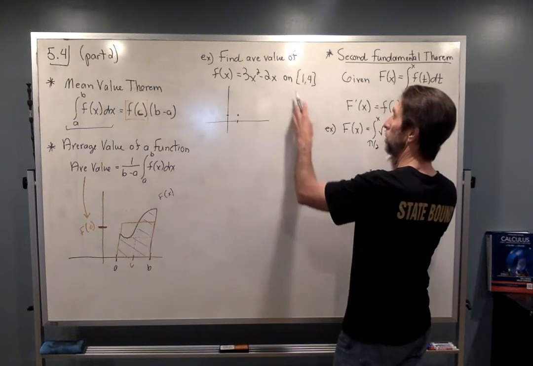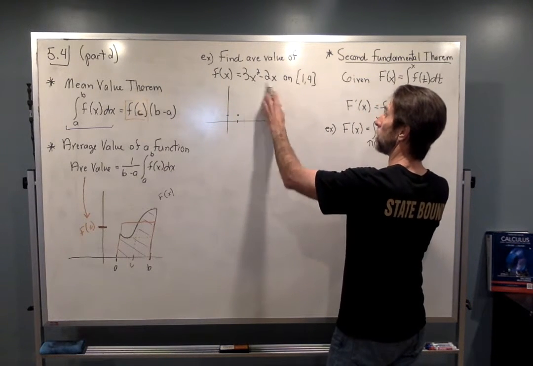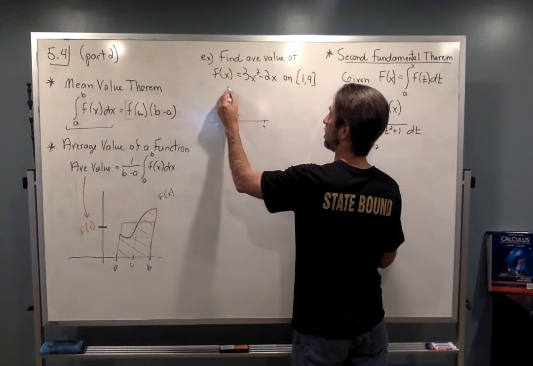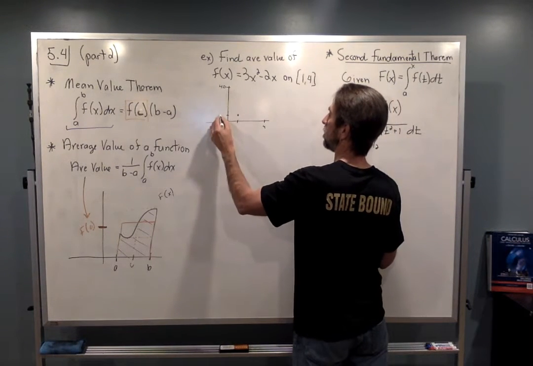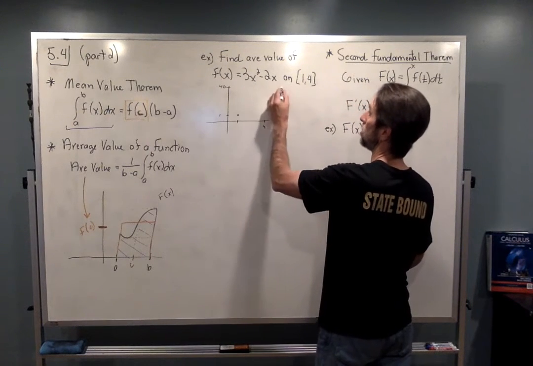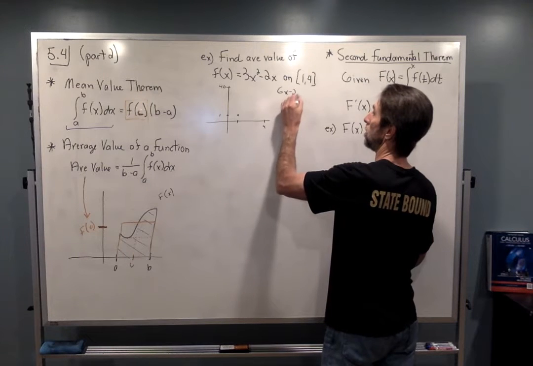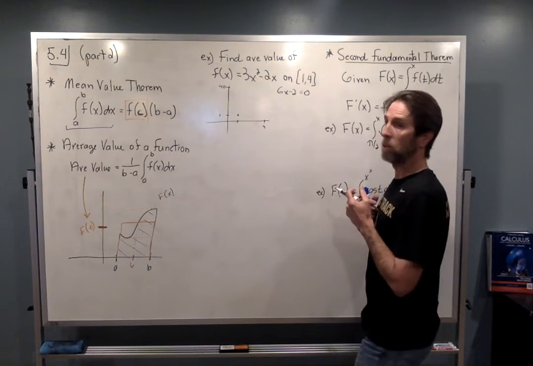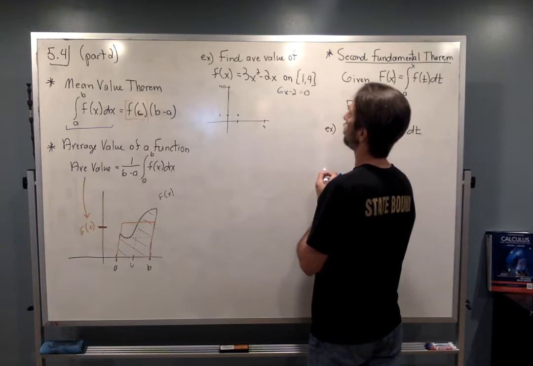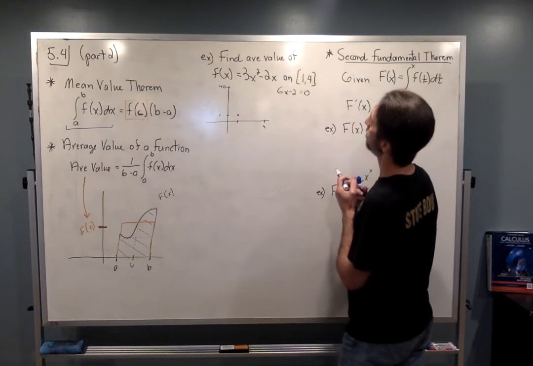At 4, it's going to be much larger. It's up at 40. We could find its vertex simply by finding the derivative, setting that equal to 0. The vertex of this parabola would be at 3. Is that right? That didn't seem to make sense.